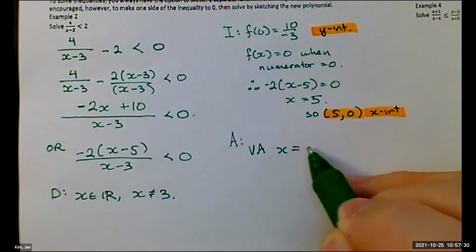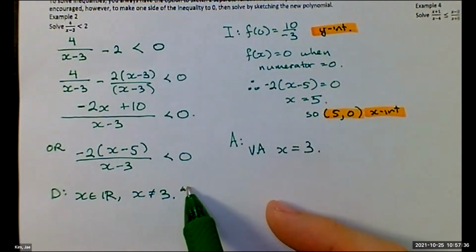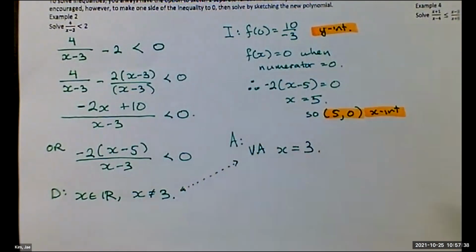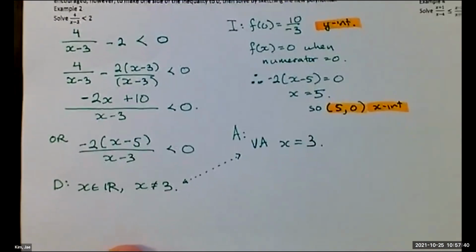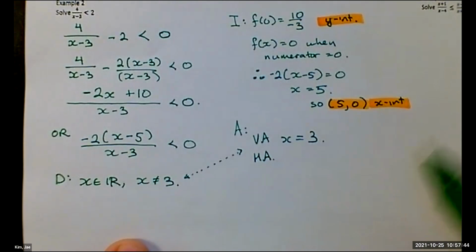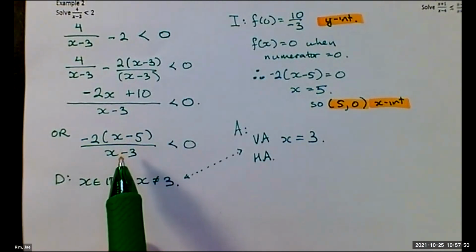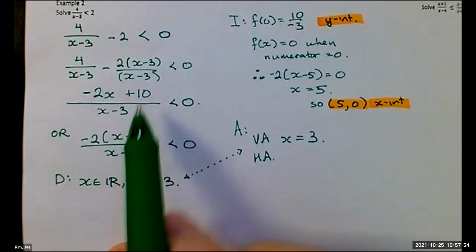Vertical asymptote. X is going to be a 3 because that agrees with our domain restriction. Horizontal asymptote, well, it's the same degree.